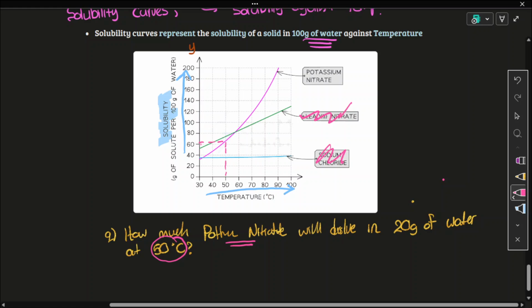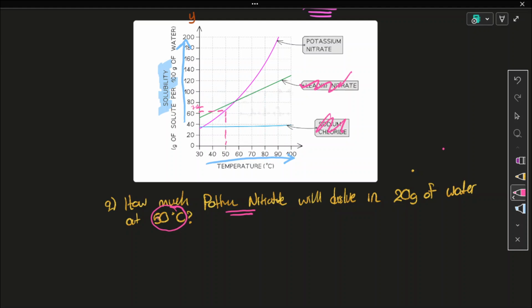Okay, so now we found the solubility at 50 degrees Celsius. Remember, it's very important to know the temperature, because solubility can differ according to the temperature. We're talking about potassium nitrate at 50 degrees Celsius. We figured out that it's 65 grams of potassium nitrate.